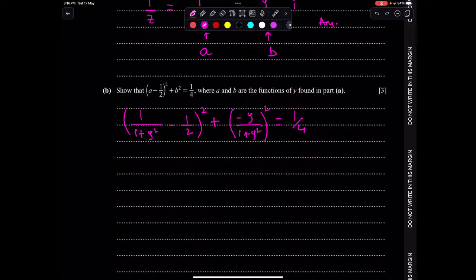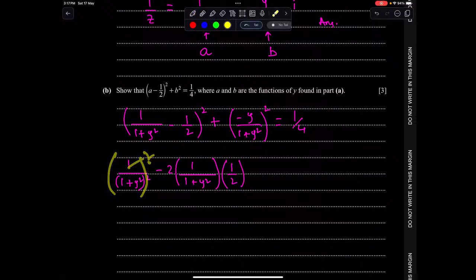It's better to expand this directly. a square minus 2ab plus b square.